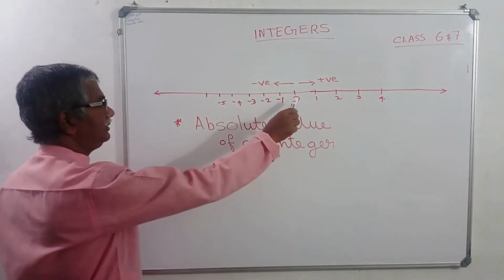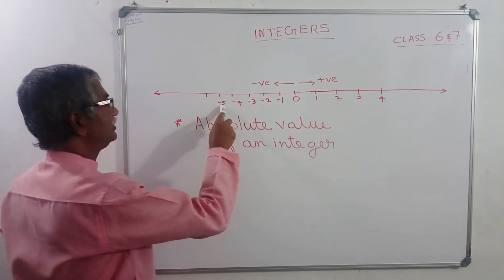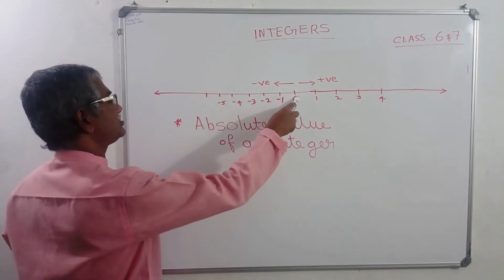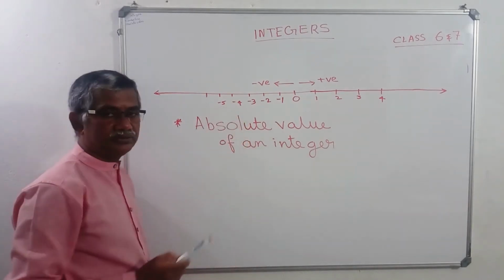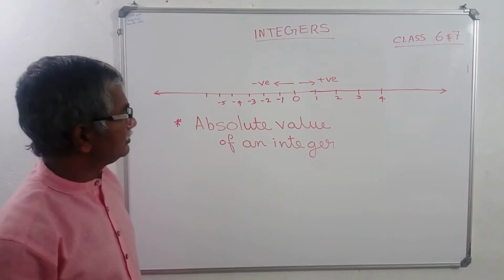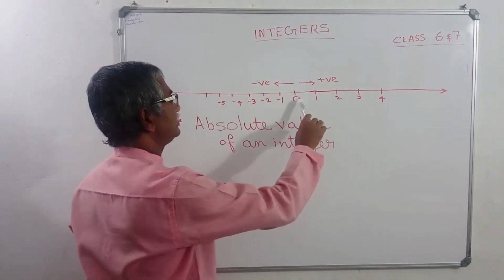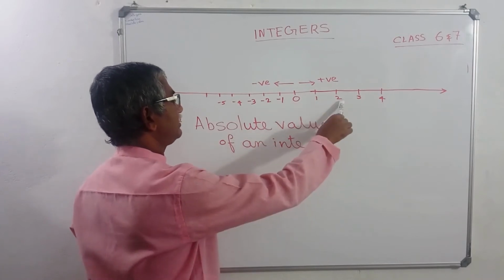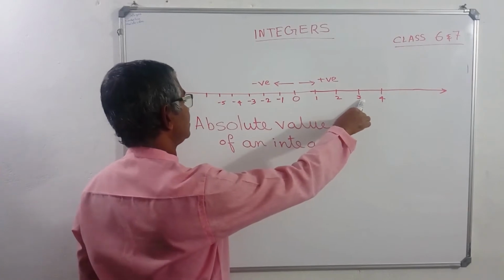Considering a number line, this negative 5 is 5 away from 0. Negative 4 is 4 away from 0. Consider 2. 2 is 2 away from 0. 3 is 3 away from 0.